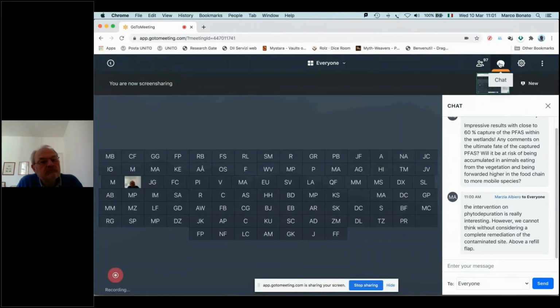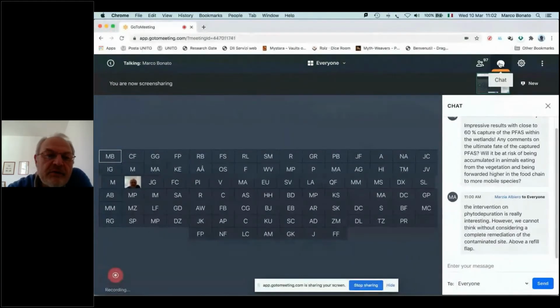We have seen that also for other kinds of pollutants, the common reed is the plant that has the highest capacity of absorption related to different kinds of pollutants: heavy metals, nutrients, pesticides, and so on. But obviously we are open to different kinds of experimentation. There is Typha or other kinds of plants that could be possible to use.